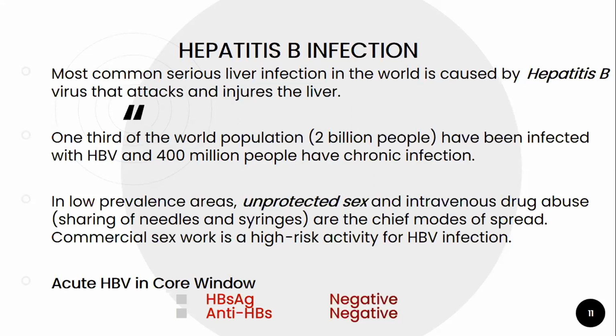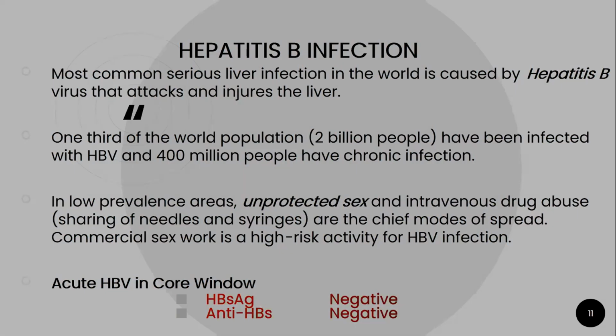Also, having said in the case earlier that the patient is a commercial sex worker, this puts her in a high risk activity for acquiring the infection. And in your core window, the results for your Hep B surface antigen and Hep B surface antibody should be negative, and as what has been read earlier, the results of the patient for both tests yielded negative. So next, please.